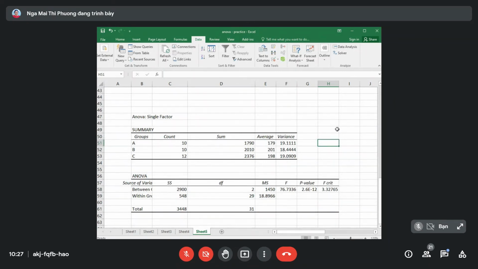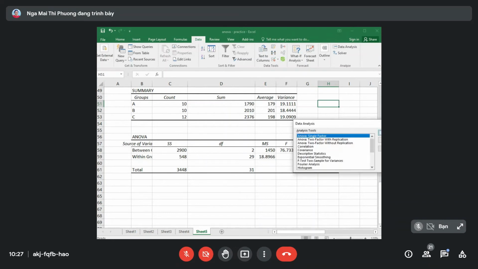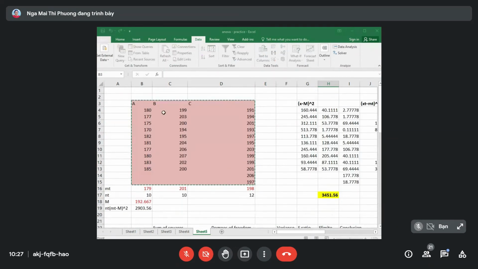So you go into Data, you go to Data Analysis, and you choose ANOVA: Single Factor. Click OK. Input range, you select the range. Grouped by columns, because here you group the data by columns. Labels in the first row, you click this because you put the labels A, B, C in the first row, and then you select the input range.